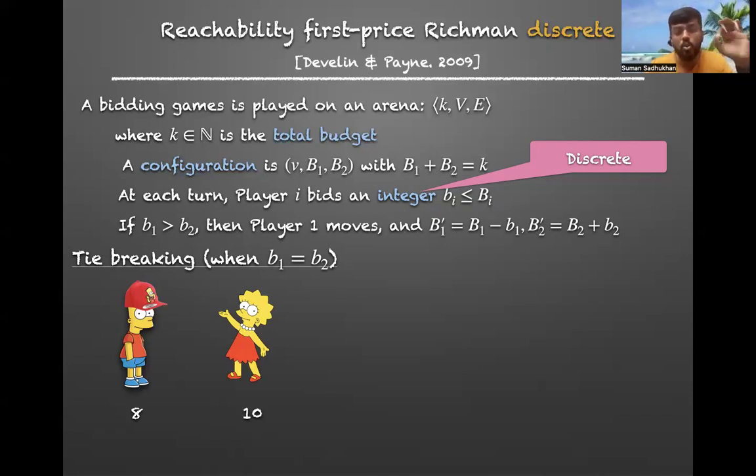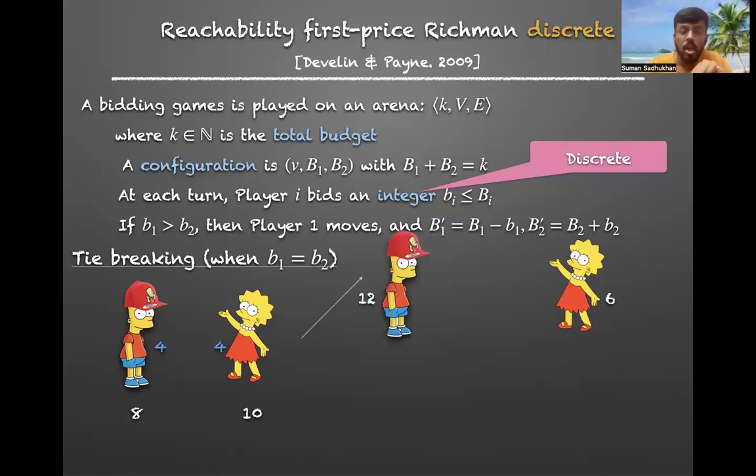We give another resource on top of budget, which we call advantage, denoted by the hat, to some player in the beginning of the game. Whenever a tie occurs, for example both bidding 4, the player who has the advantage has two choices. Either he keeps the advantage for the future and lets the other player win.